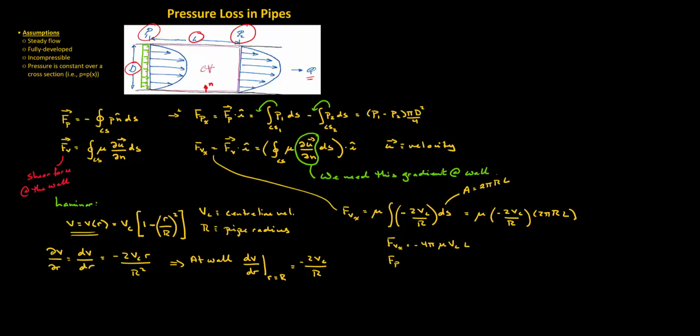And the net pressure force in the axial direction is equal to pi d squared over 4 multiplied by delta p, where delta p is equal to p1 minus p2. These are important intermediate results that we will make a lot of use of.